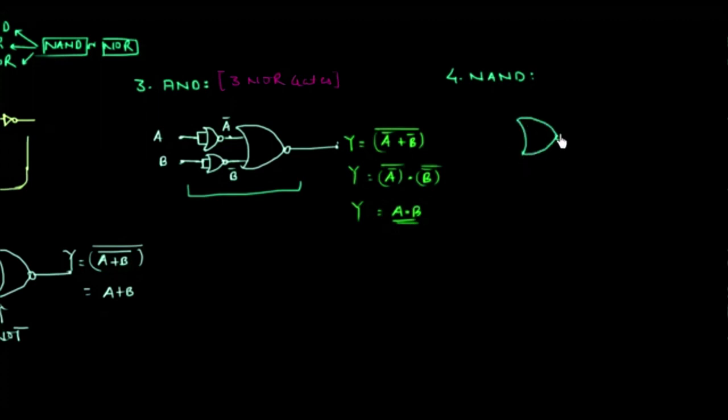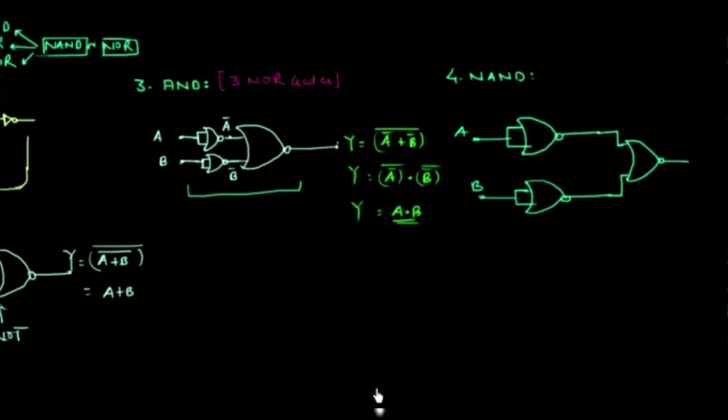First we will complement the input A, then we will complement the input B, and the output of this NOR gate and this NOR gate will act as the input of this NOR gate.